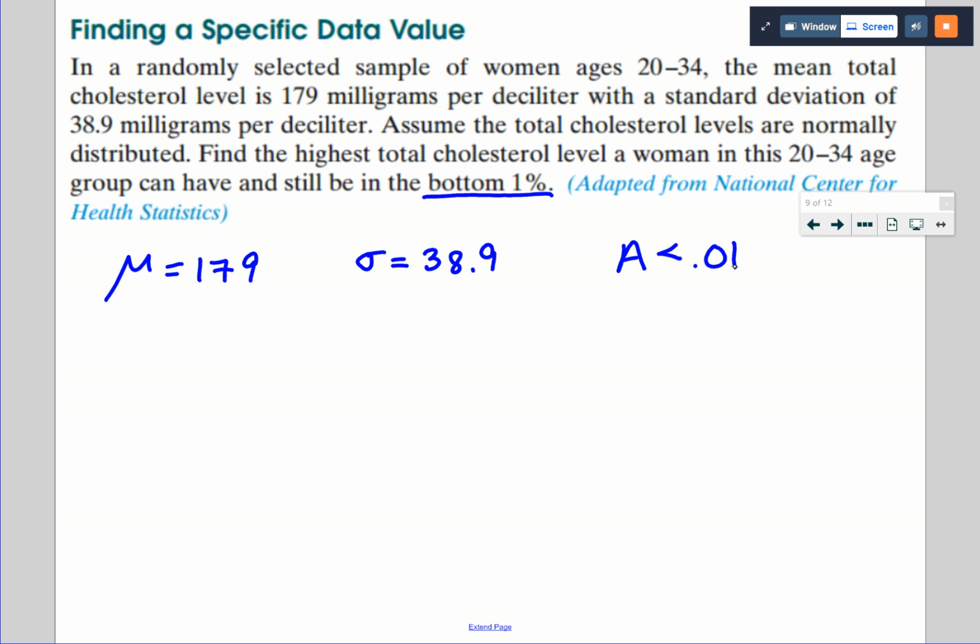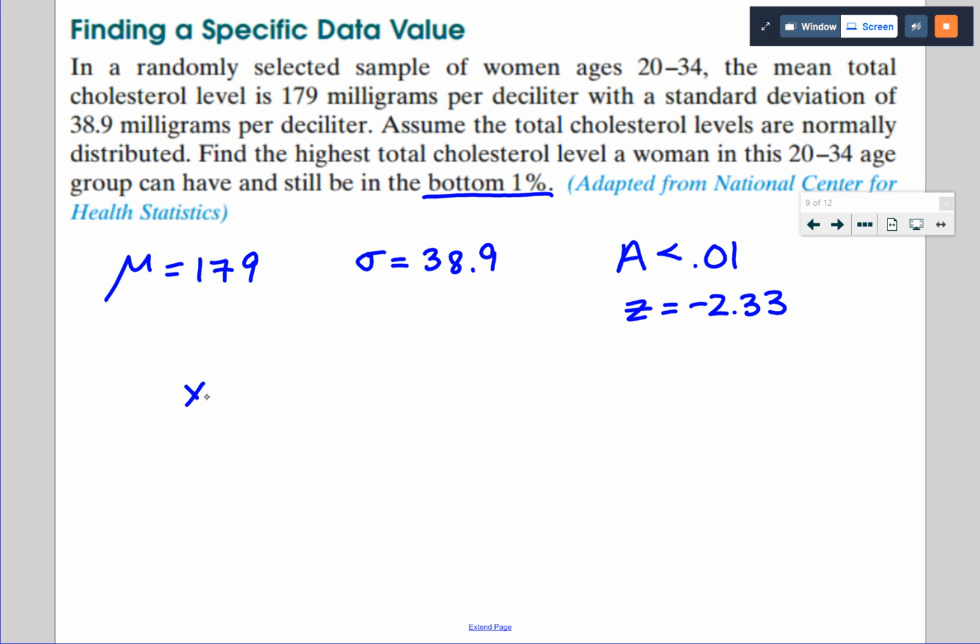Okay, so it's definitely going to be a negative z-value that we're looking for, and you want the first z-score you can find that is smaller than 0.01. And I've got a 0.0099. It's pretty close. So negative 2.33 is the first z-score that will be in that bottom 1%.